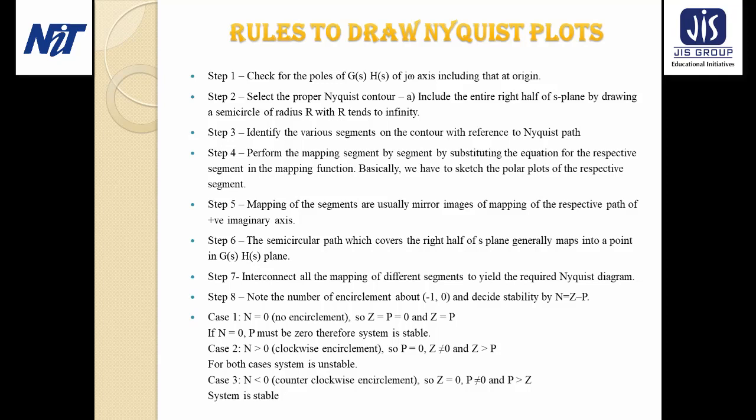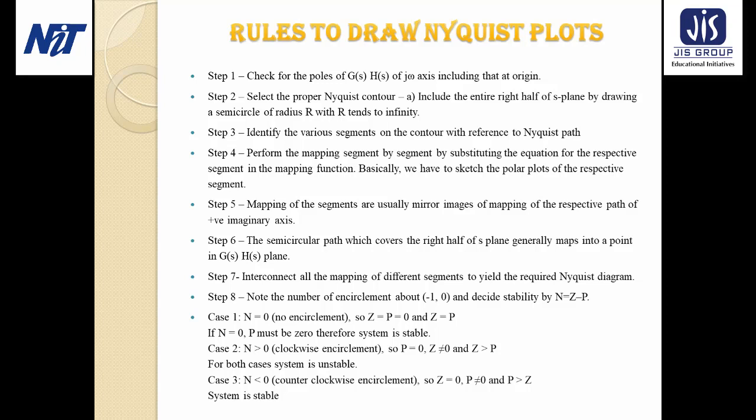Now, we have to find out the number of encirclements about the minus 1 j0 point and then decide the stability by using n equal to z minus p. For the first case, n is equal to 0, that means there is no encirclement.